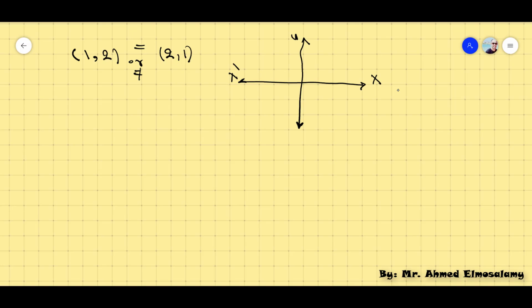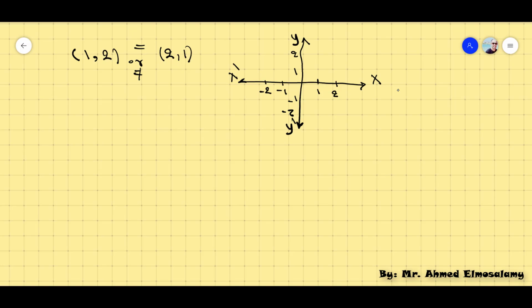Here x dash, y, y dash. 1, 2, and here is the negative part, negative 1 and negative 2, up 1, 2, and down negative 1 and negative 2.